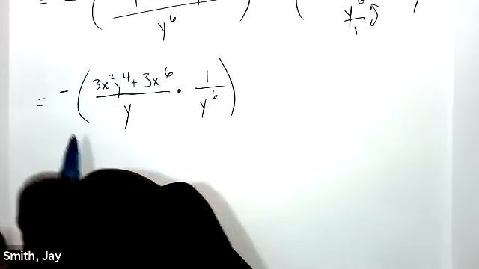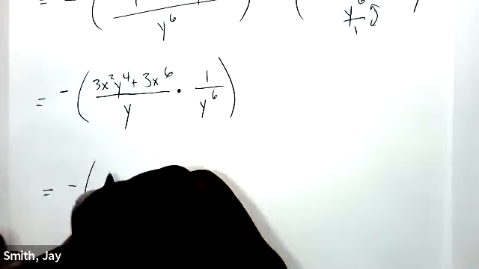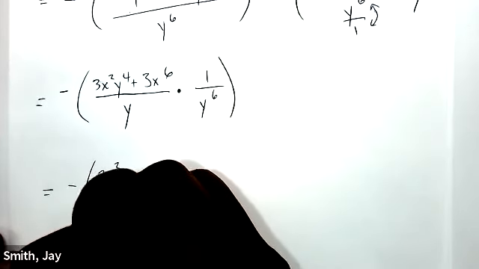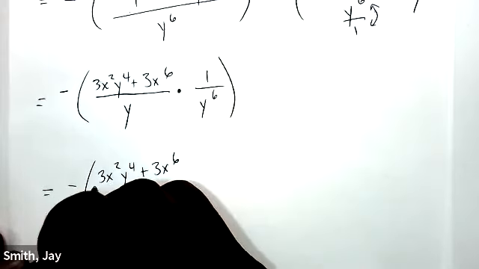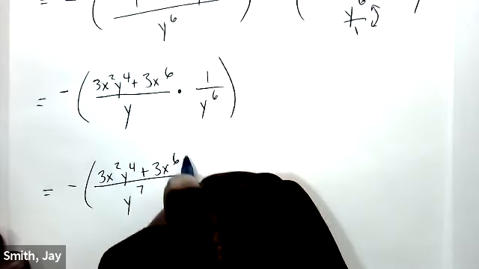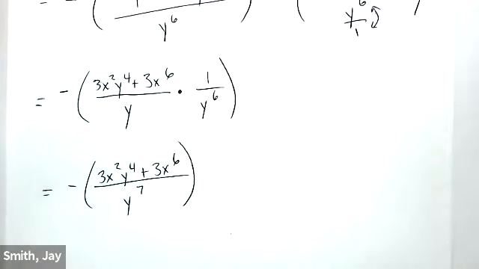So that's going to give me the fraction 3x squared y to the 4th plus 3x to the 6 over y to the 7.